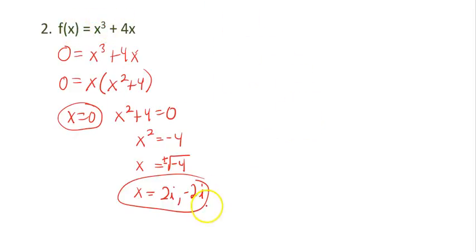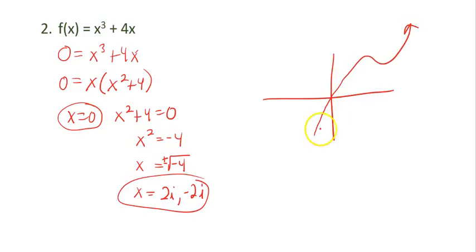Now on the graph, what that means is this cubic function, we know the basic shape for a cube, it's going to pass through 0. 0 would show up as a 0 x-intercept type thing on your graph. But because you have i's as answers, what that means is the hills and valleys that your graph has are going to be, in this case, above.